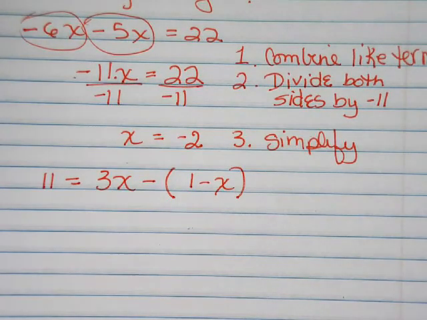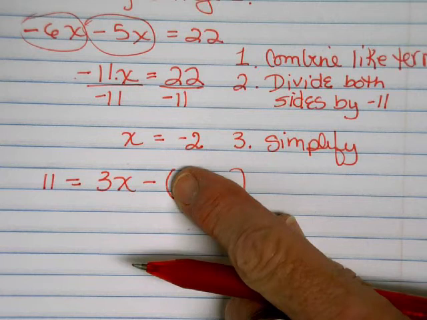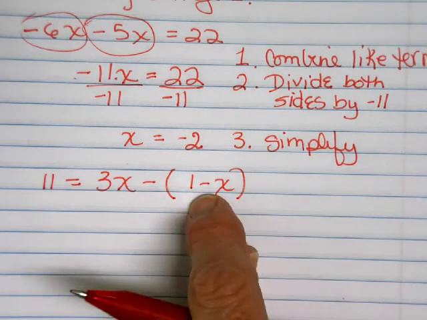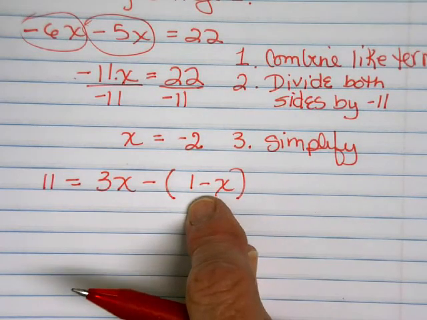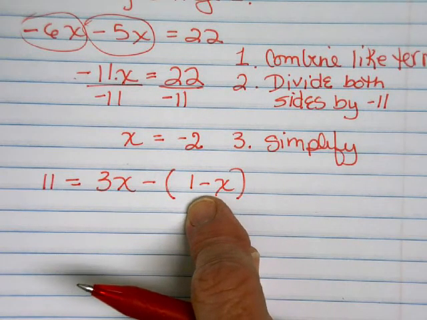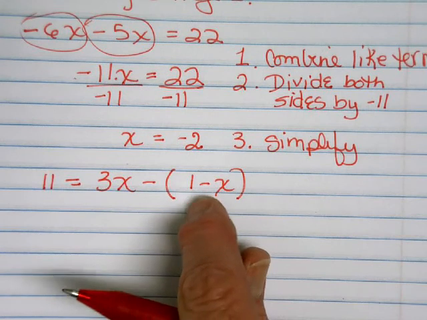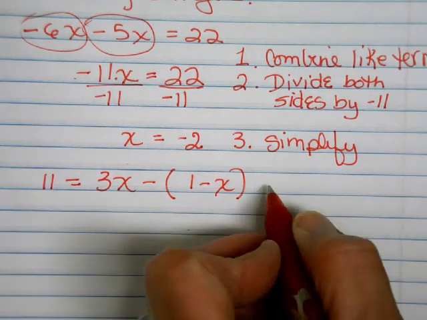That makes this crazy. Second of all, there's a negative outside a parenthesis. Sometimes we don't know what to do with that. These two cannot be combined. They are not alike. So be careful, if you want to do something that you can't do, don't do that.